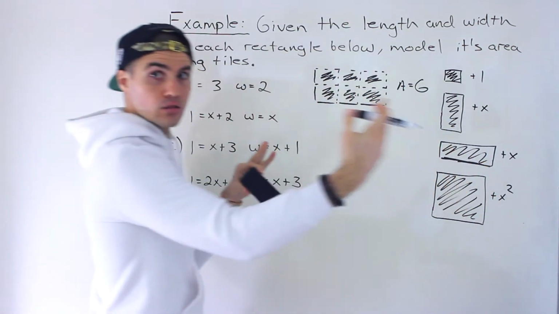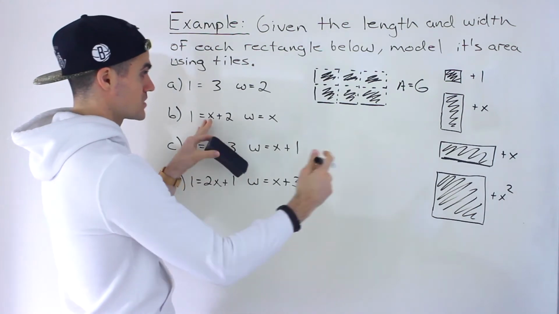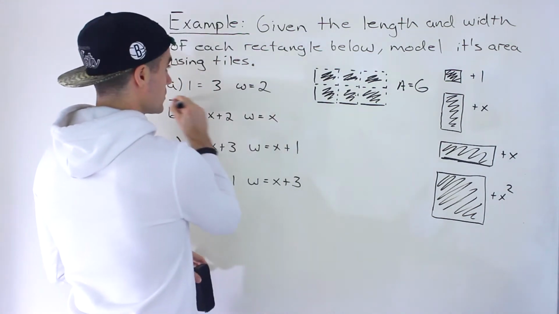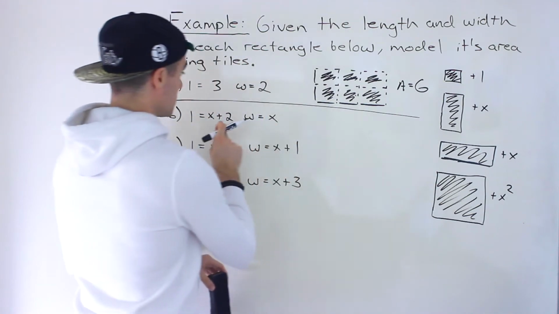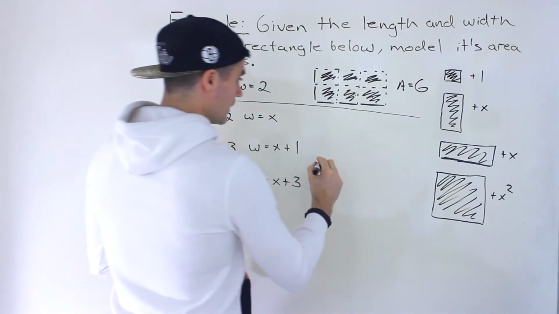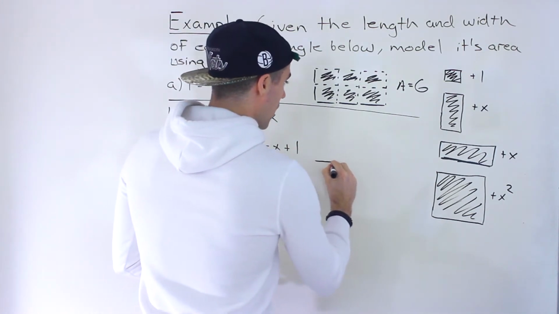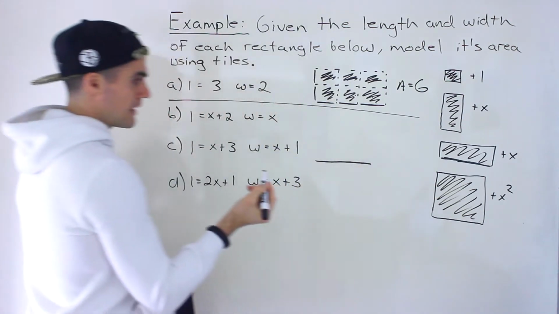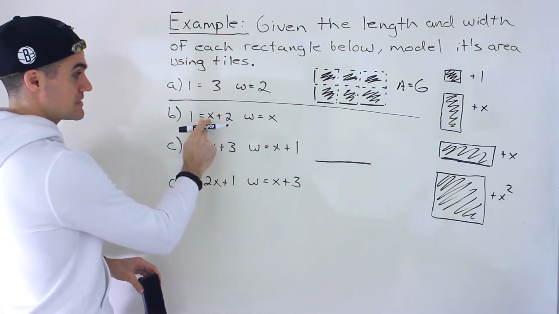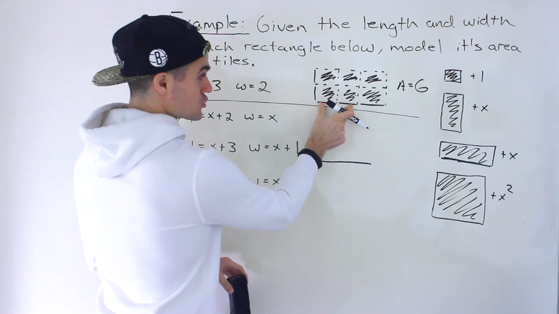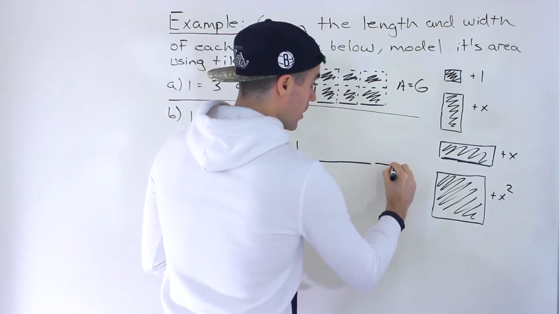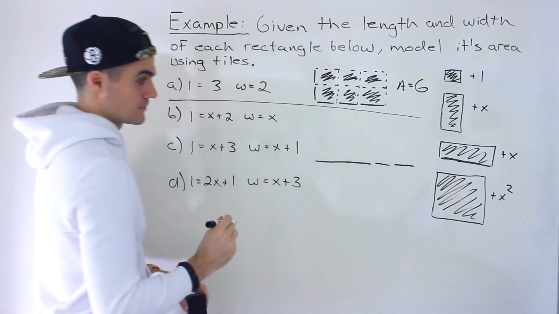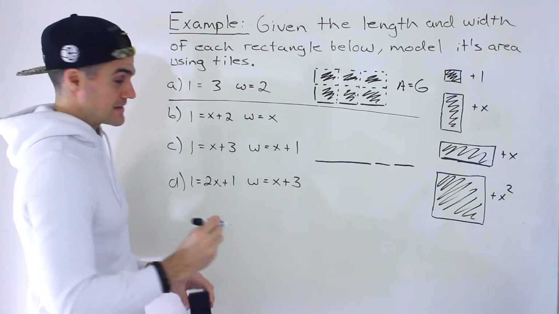We would just draw a longer base. So what would happen here, let me actually split these up. So we would draw a long base like that. So that represents the x. And then we would just draw 2 of these smaller bases. All right, so that's the length in this case.